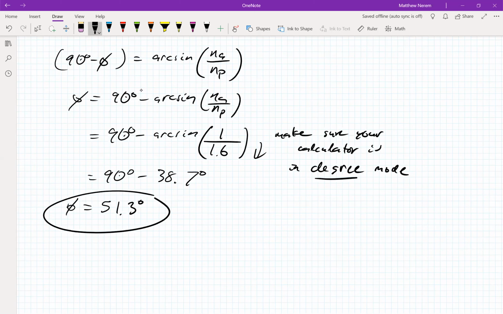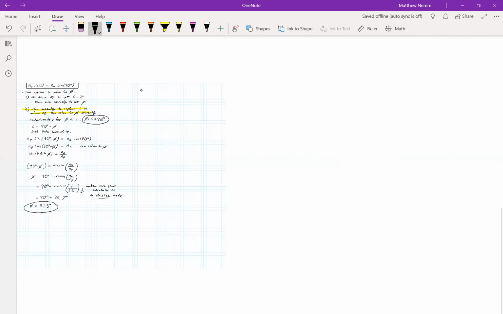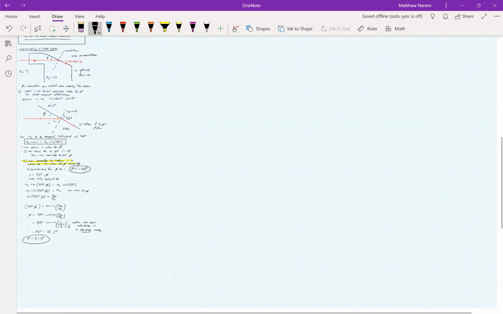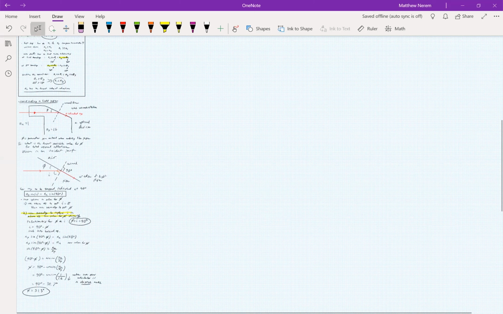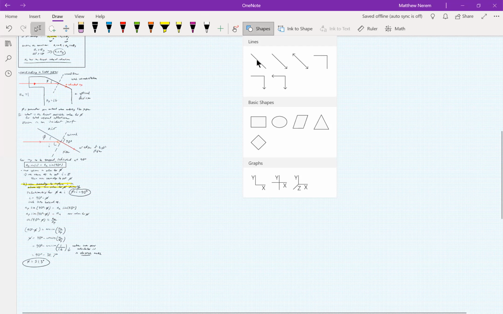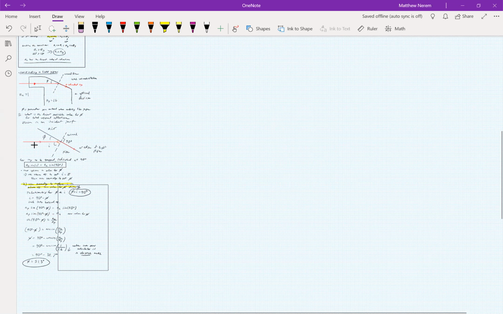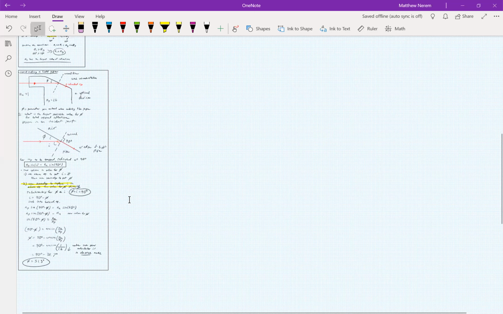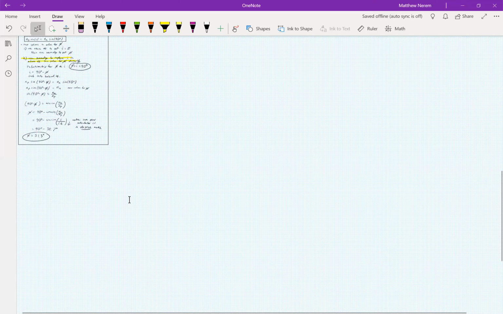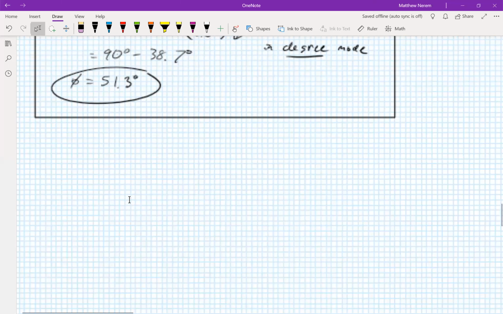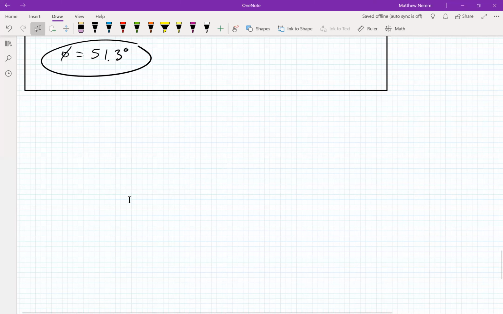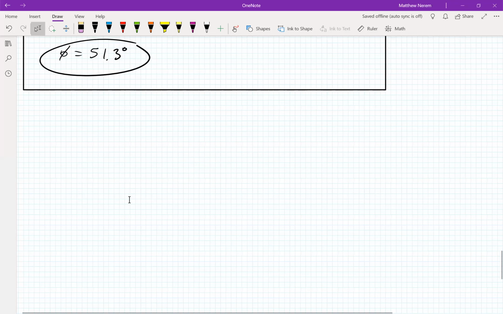Got time for one more, so I'll shrink this down, box this problem up. All right, this one I pulled straight out of the textbook.